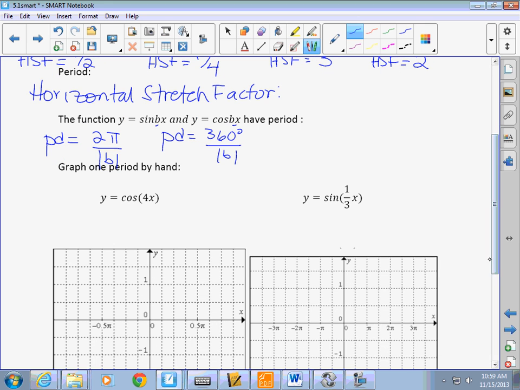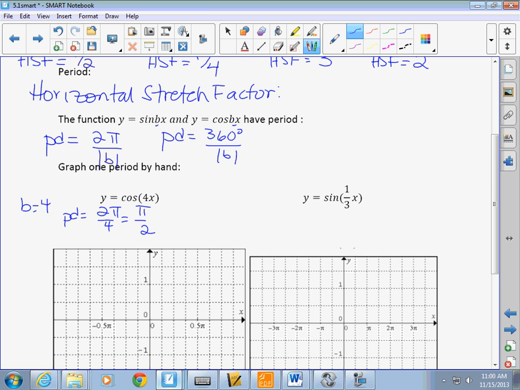Okay, so the next part says graph 1 period by hand. We need to look at this. Our b value is equal to 4, so that means your period is going to be 2 pi divided by 4. Sorry, not pi over 4, pi over 2.